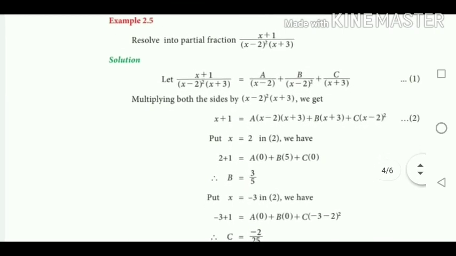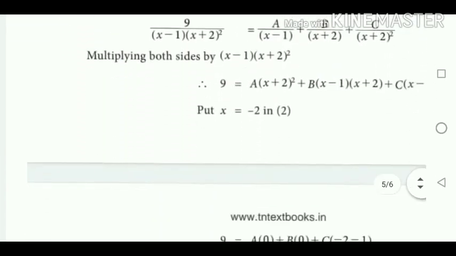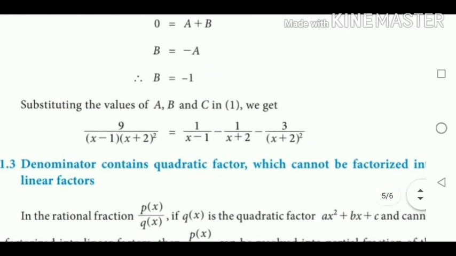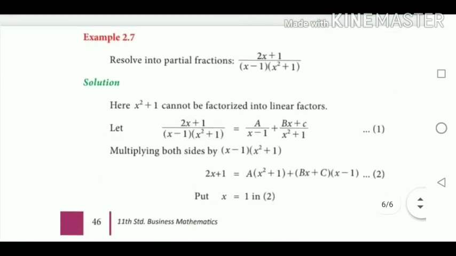The next one is the square term, that is (x minus 2) whole square. Then the next one is where the denominator contains a quadratic factor which cannot be factorized into linear factors. In such a case we have to add (Bx plus C) by (x square plus 1).